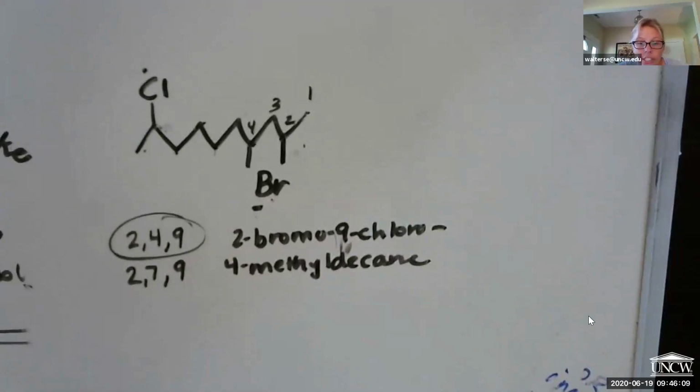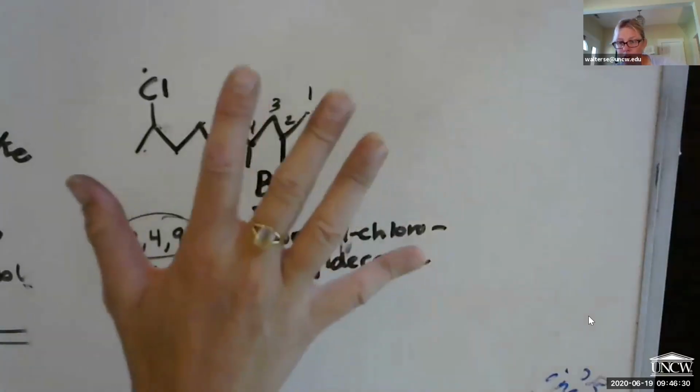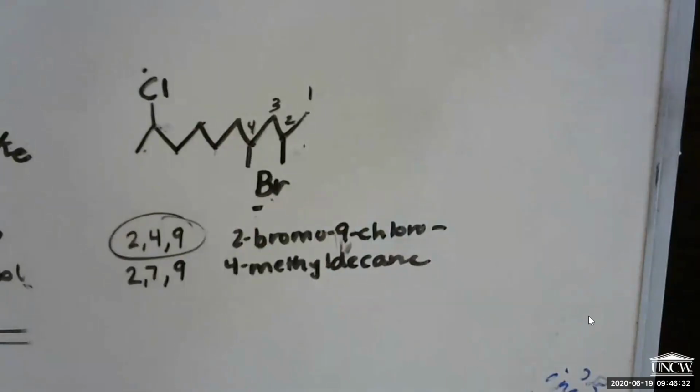Oh, I don't know what I just did. Okay. I tried to clean my mouse off. It didn't work. What do you guys see right now? My screen? My whiteboard? I think that's your mouse, it's a teal sort of thing.